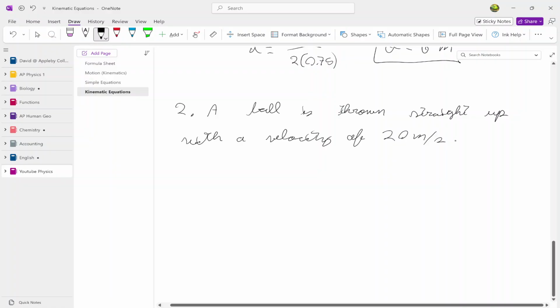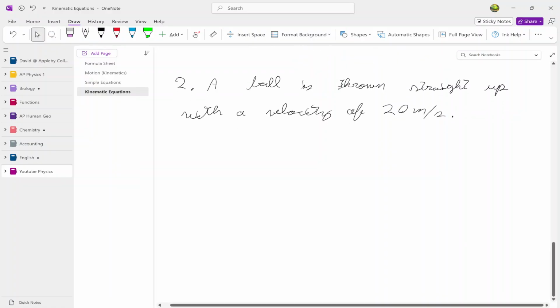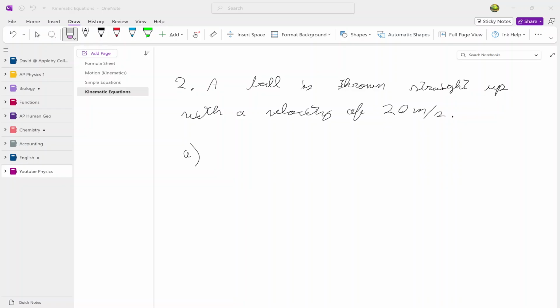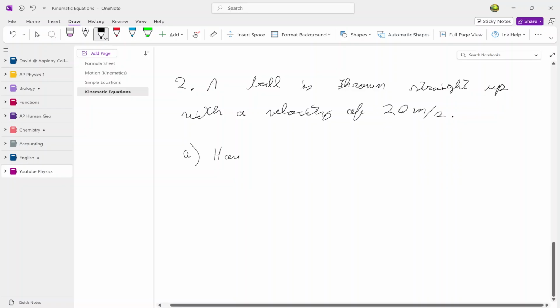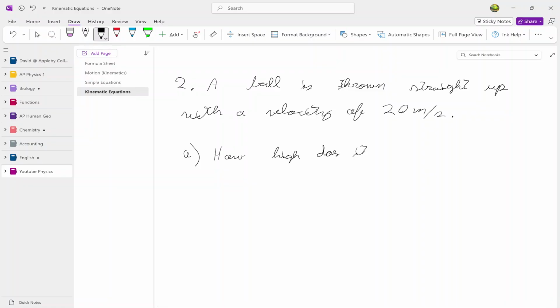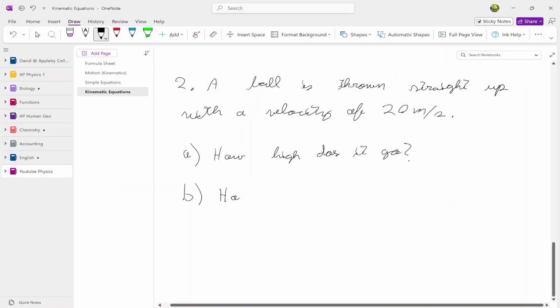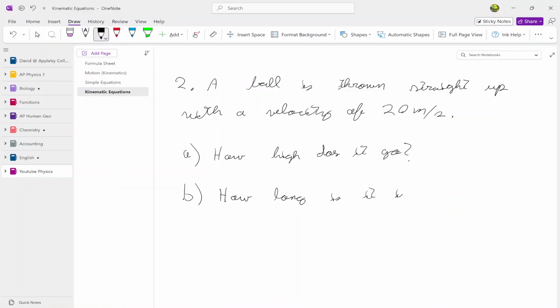I'm just gonna assume that's starting velocity. Yeah, because it's been thrown up with 20 meters per second. So how high does that actually go? And then how long is it in the air for?